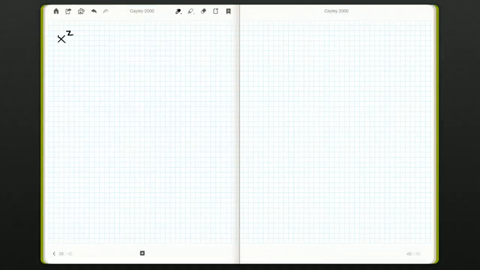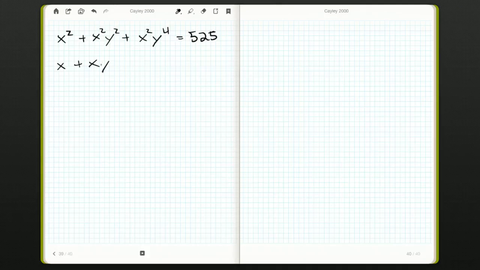So we have x squared plus x squared y squared plus x squared y to the fourth is 525, and we have x plus xy plus xy squared is 35. All right, that's the information we have so far.